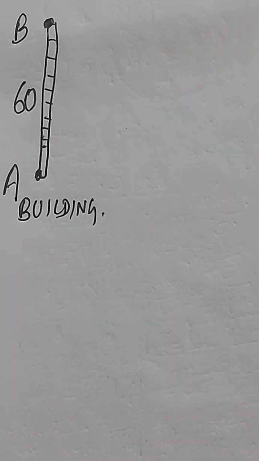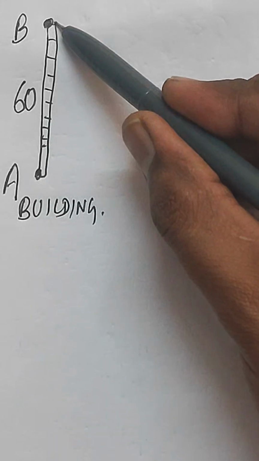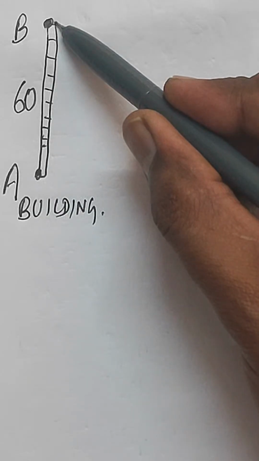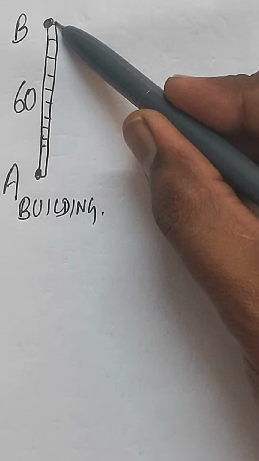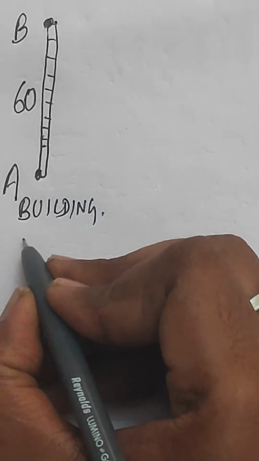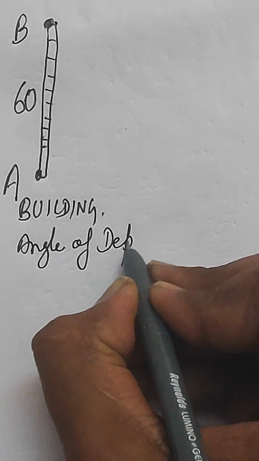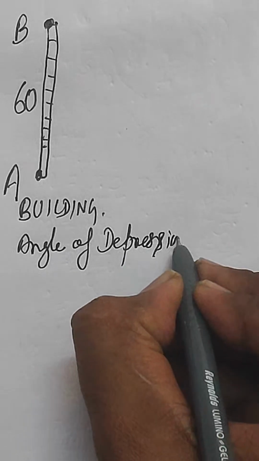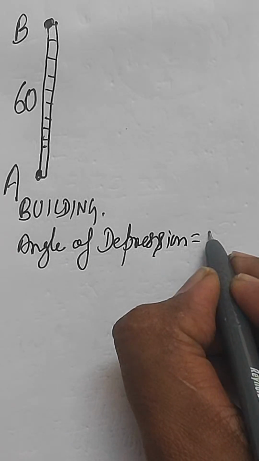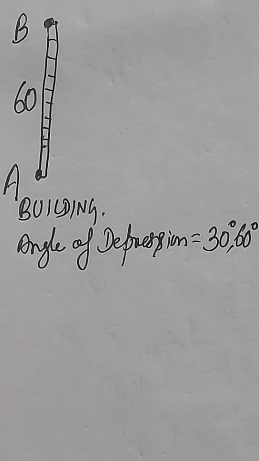And the angles of depression of the top and bottom of a vertical lamp post CD. Okay, so from the top of the building, the angle of depression of a lamp post is given to you as 30 degree and 60 degree respectively.